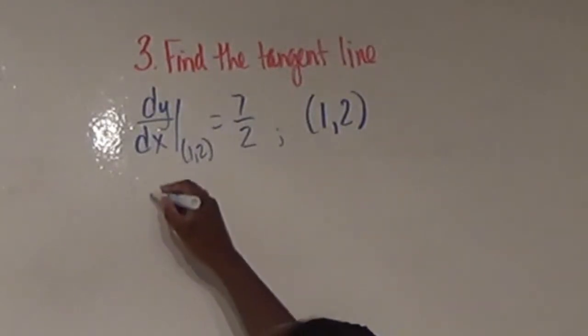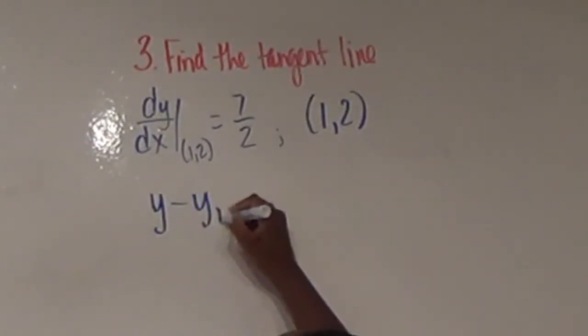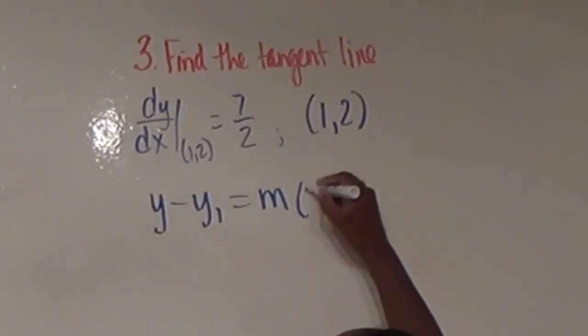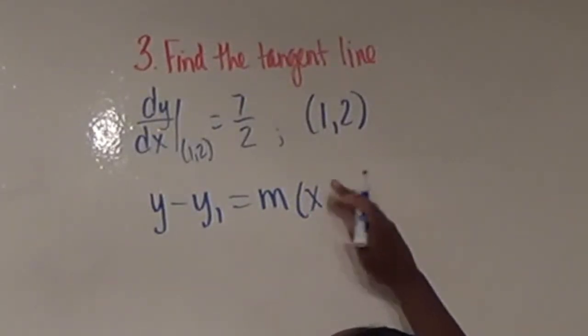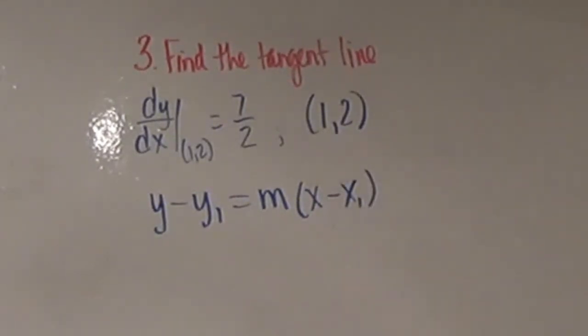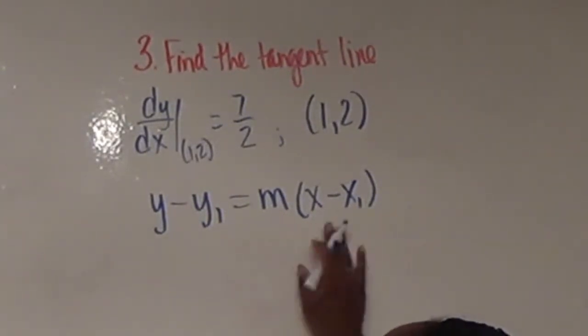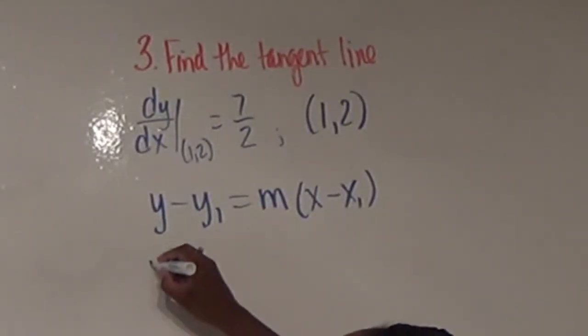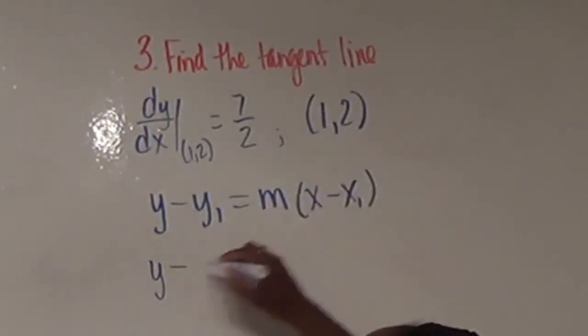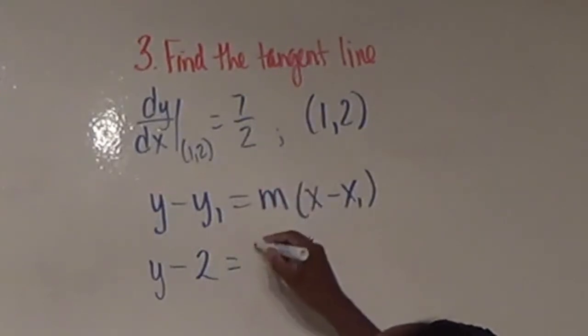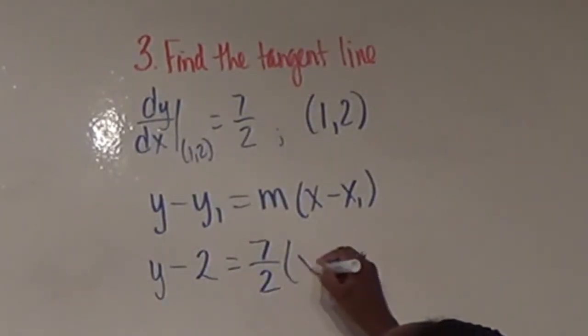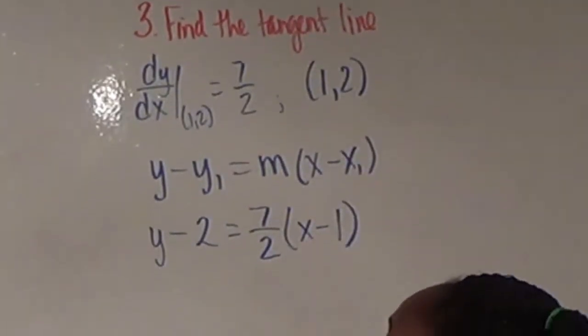So using our point-slope form, this is an equation you definitely want to know. Again, anytime I'm using a tangent line, I need this form. So plugging in y minus my y1, my slope, x minus my x1.